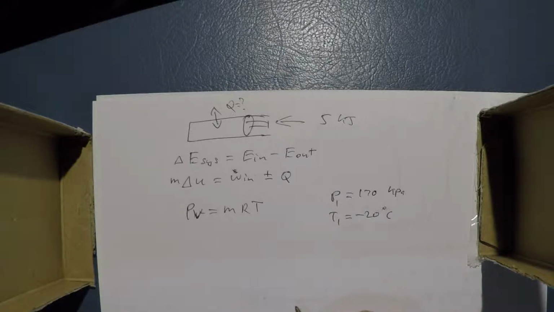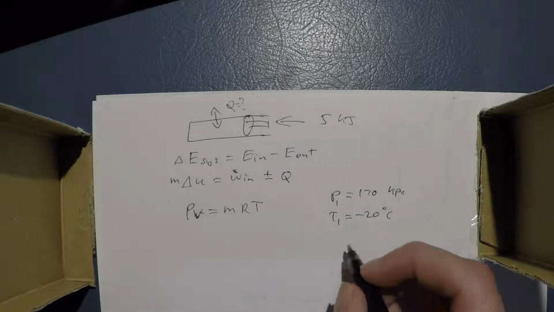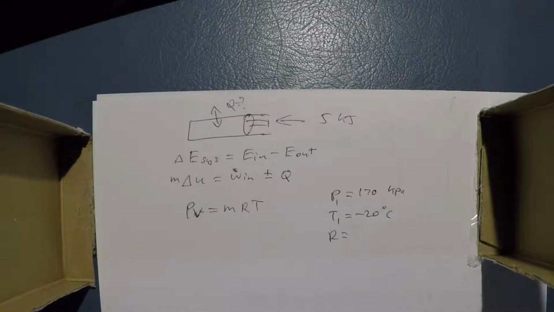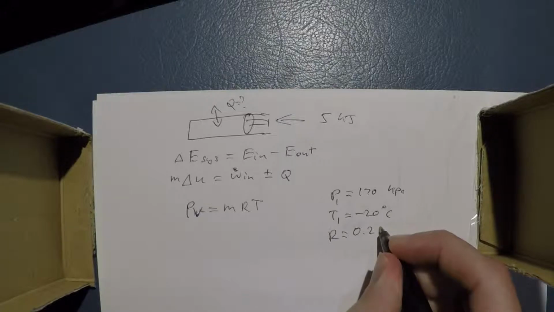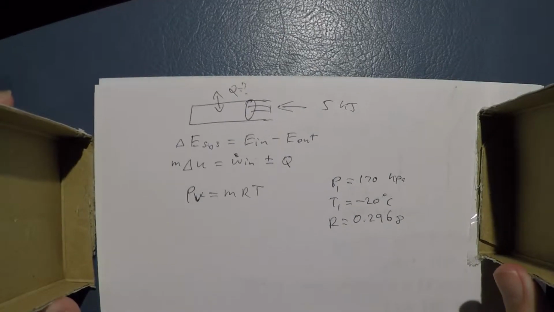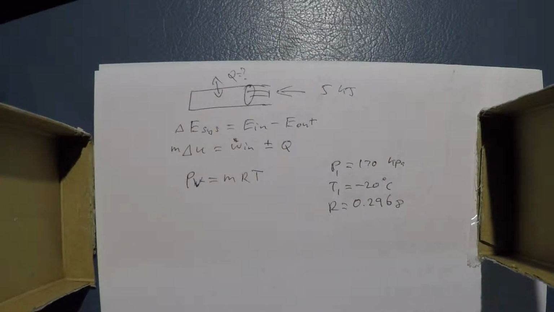It's compressed. Okay, what else do we need? R. So we can look up R in our data tables, and we can find that R for nitrogen equals 0.2968. And that's it.